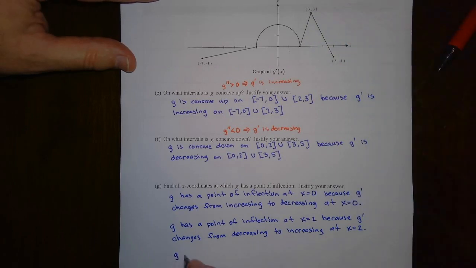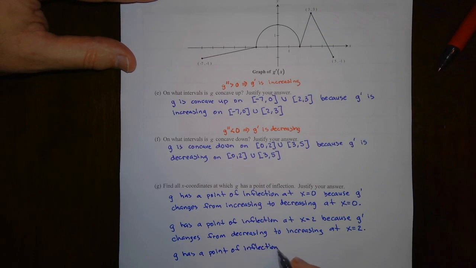So we would finally say g has a point of inflection at x equals 3 because g prime changes from increasing to decreasing at x equals 3.